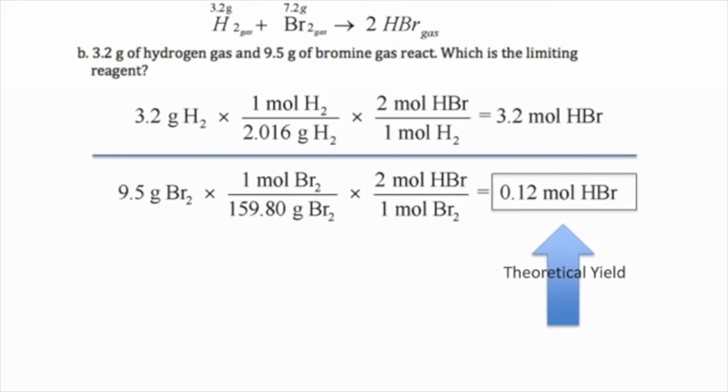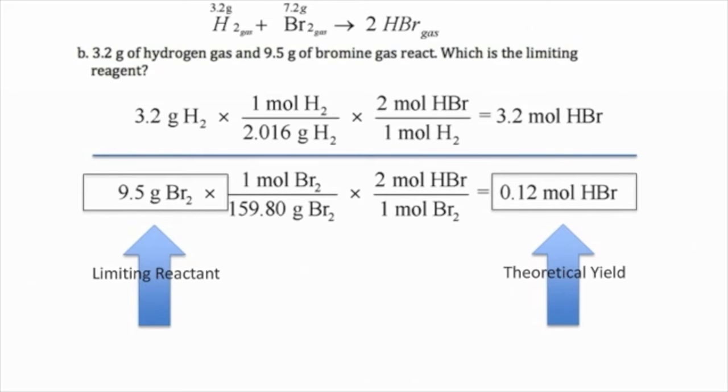In theory, when you start with 3.2 grams of hydrogen and 7.2 grams of bromine in this reaction, you will produce 0.12 moles of hydrogen bromide. That makes the 9.5 grams of bromine the limiting reactant in this reaction. In other words, once 0.12 moles of hydrogen bromide is produced, you will run out of bromine.